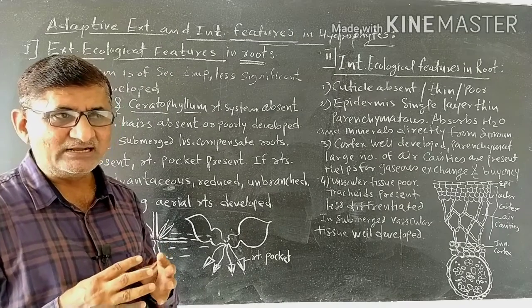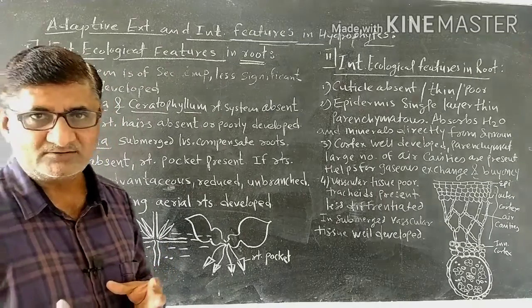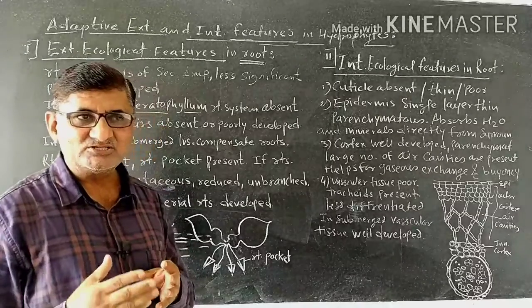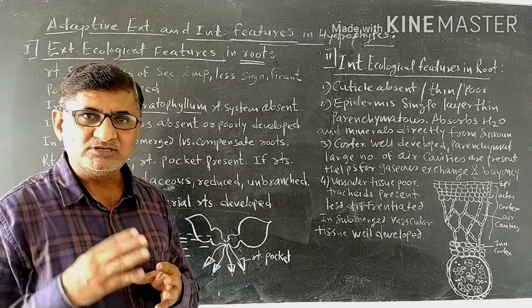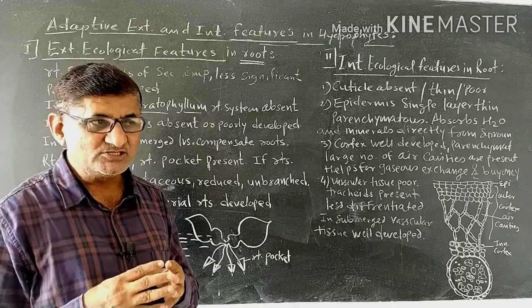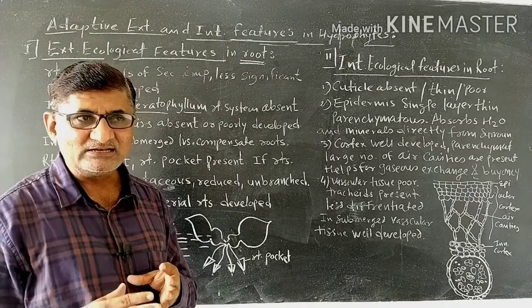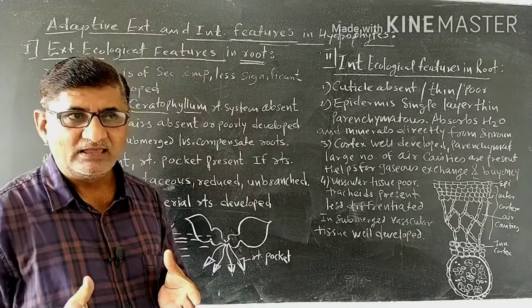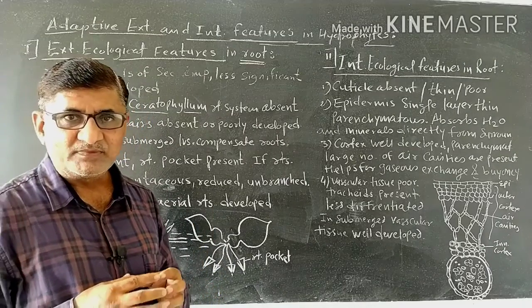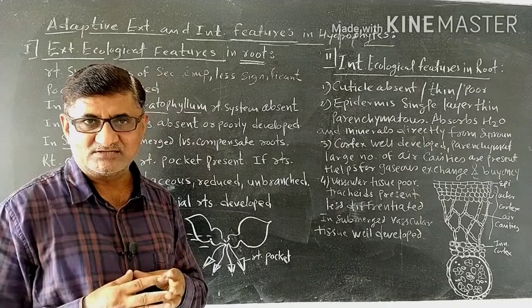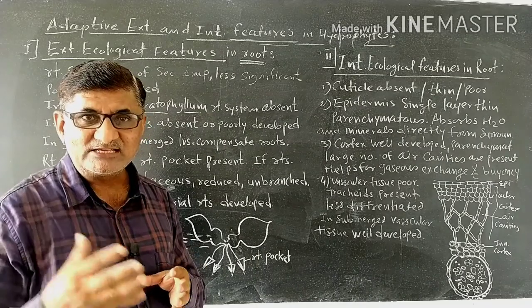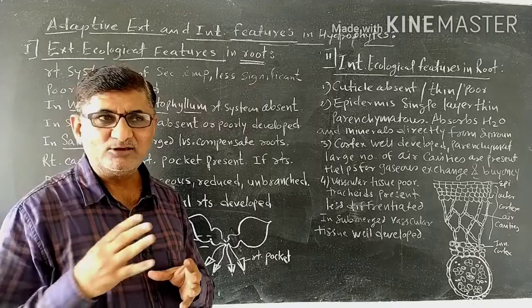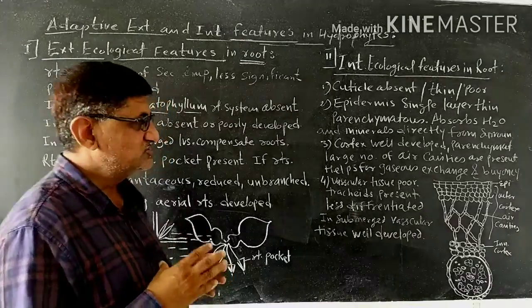We want to see the external and internal adaptations in the different parts of the hydrophyte. First we will see the external and internal adaptations in the hydrophyte roots and how these adaptations are useful to hydrophytes for their better survival in plenty of water.